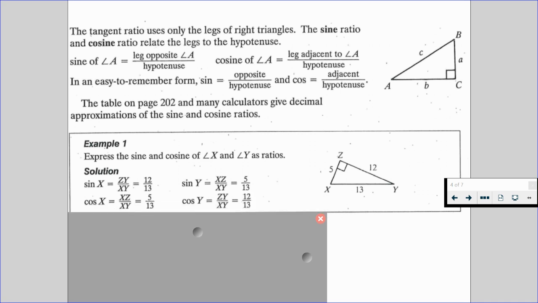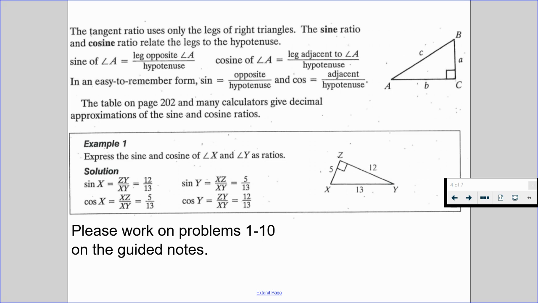Cosine, again, is the adjacent over hypotenuse. So the cosine of angle X is XZ over XY, which is equal to 5 over 13. And the cosine of Y is equal to ZY over XY, which is equal to 12 over 13. Notice if there is a pattern. With this in mind, please work on problems 1 through 10 on the guided notes and resume when you're ready to move forward.